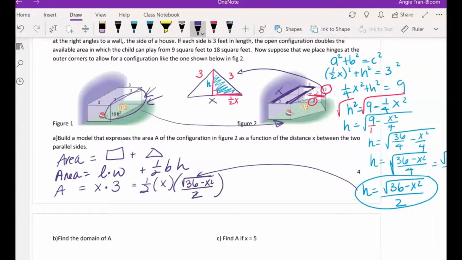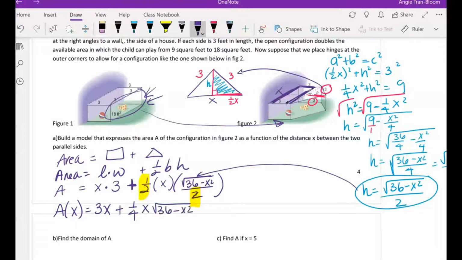Then let's make this pretty. Area in terms of x equals 3x. I'm going to multiply the constant out, so that's going to give you plus, change this to a plus for me. I was supposed to carry that down. Plus 1/4 x times the square root of 36 minus x squared.